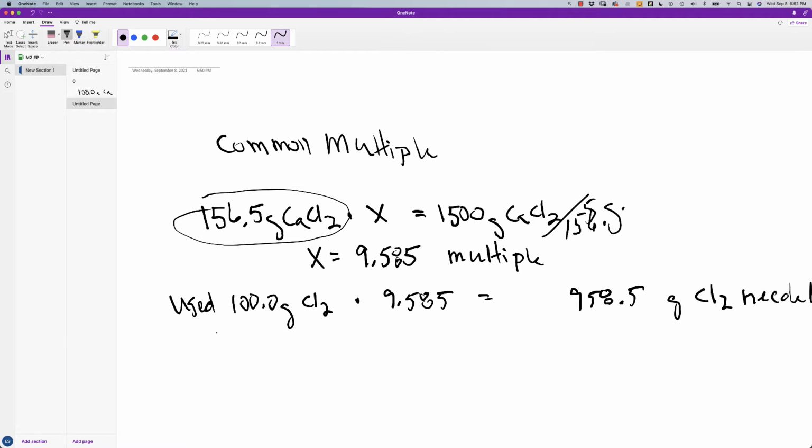Okay. And then if we used 56.5 grams of calcium in our original, then we multiply that by our multiple, which is 9.585. That gives us 541.5.